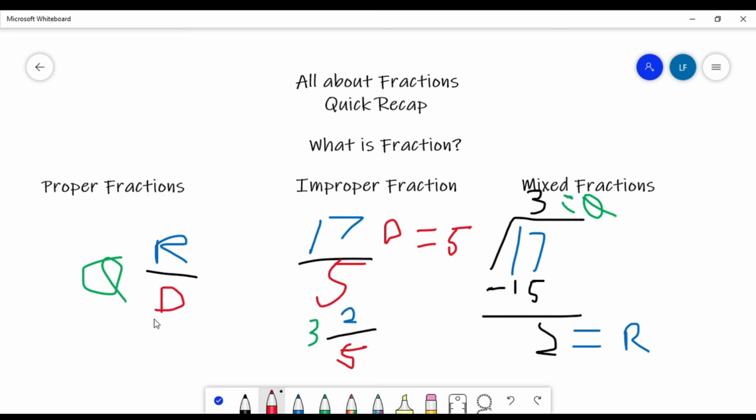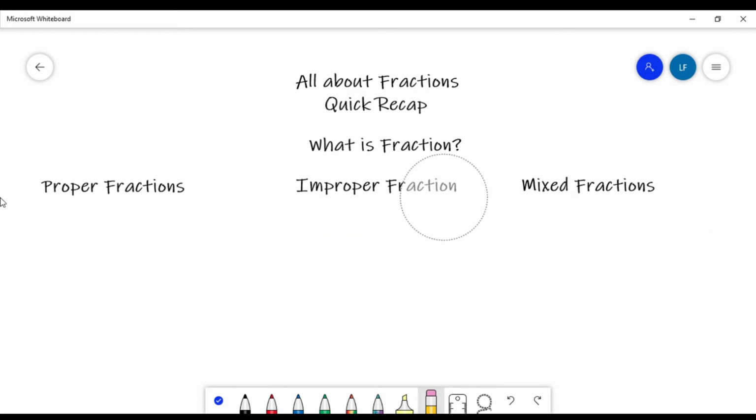That is the formula to convert an improper fraction to a mixed fraction. Let's just erase this.